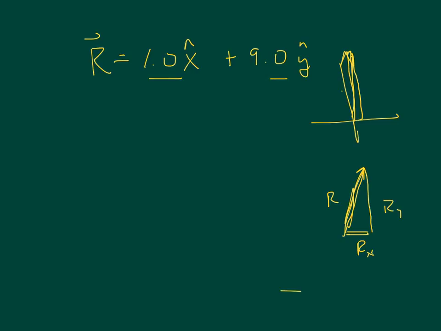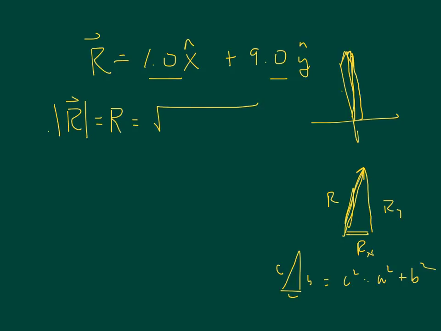If this were a little triangle where we had C, A, and B, we would know that C squared is equal to A squared plus B squared. So we can solve for the magnitude of R. It's written mathematically like an absolute value symbol, and generally we just put an R without the vector sign on it.